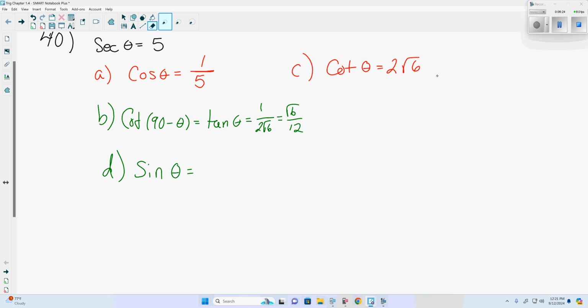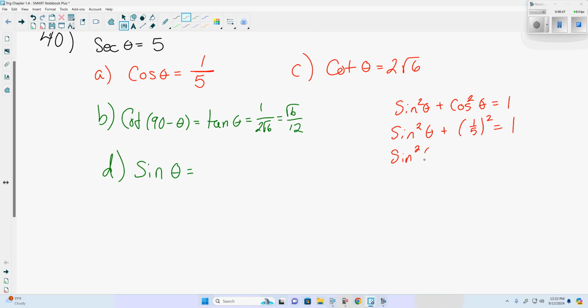And for sine, we can again use our Pythagorean identity. That's sine squared of theta plus cosine squared of theta is equal to 1. Because we know cosine is 1 over 5, we have 1 over 5 squared, which is 1 over 25.